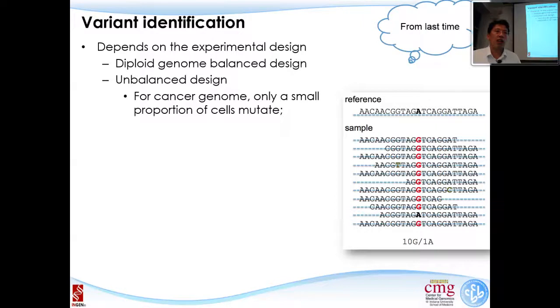The others are either normal cells which haven't become cancer yet, or stroma cells which support the environment, or immune cells within the tumor. In that case, we call that normal contamination. Then we are not dealing with a 0%, 50%, or 100% scenario, so the computational model will be very different. It depends on whether you sequence the somatic tissue together with your germline control or not. So there are different ways to do the analysis.